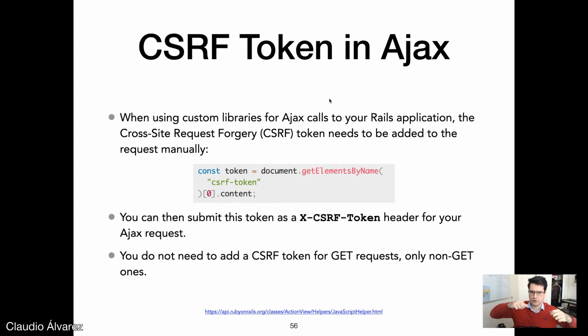Then if you need to call an asynchronous method, and the asynchronous method needs to pass the CSRF, then in the current view you can always do this in Rails. You can call document get elements by name. You call the CSRF token, and you take the content of that, and you can send that token in your asynchronous request, and it will work.